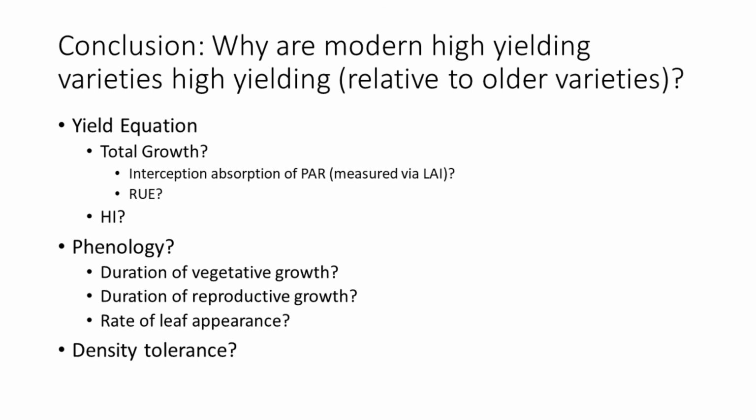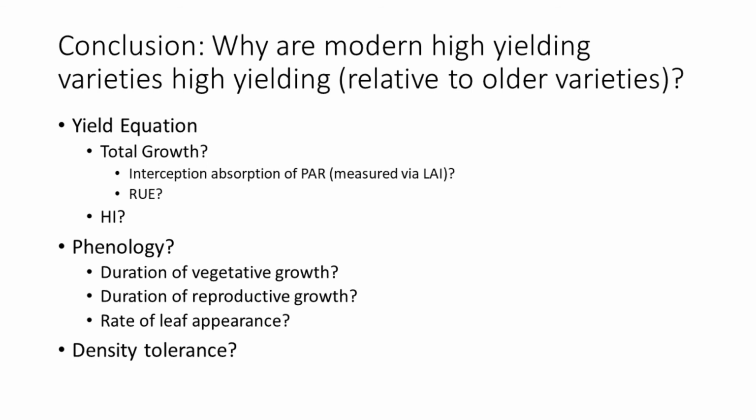Now, let's think about phenology. Did things like the duration of vegetative growth, of reproductive growth, the rate of leaf appearance change in modern hybrids relative to older ones? And the answer is pretty much no. There's some statistically significant differences there, but no real clear trend, and probably did not contribute very much.